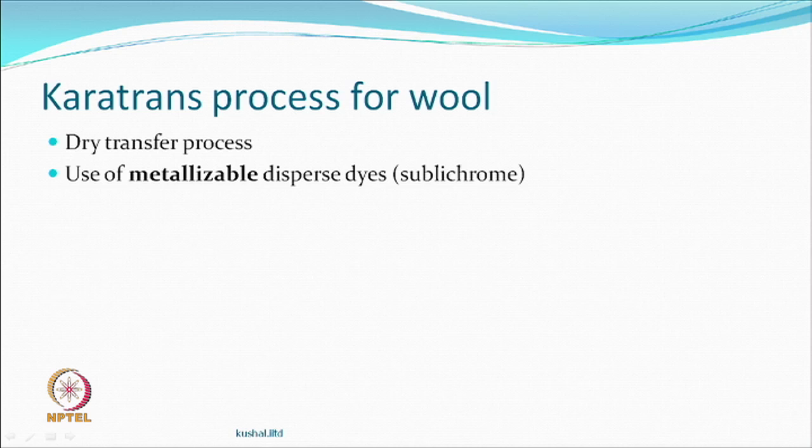What they use is a sublimable dye, but it is also in a way a mordant dye, or one which can be complexed with metals. If something can make a complex with the metal, and the metal ions are on the wool for example, then the same dye after transfer can now be combined, and so wash fastness could be high.